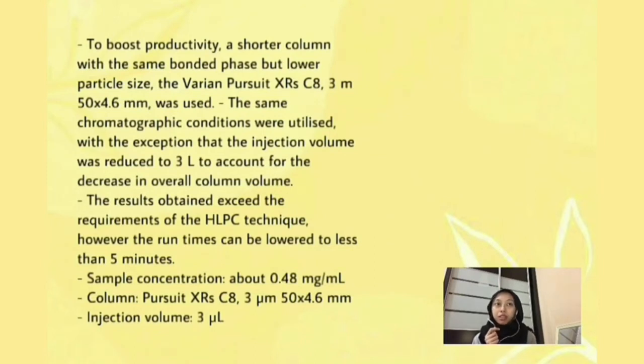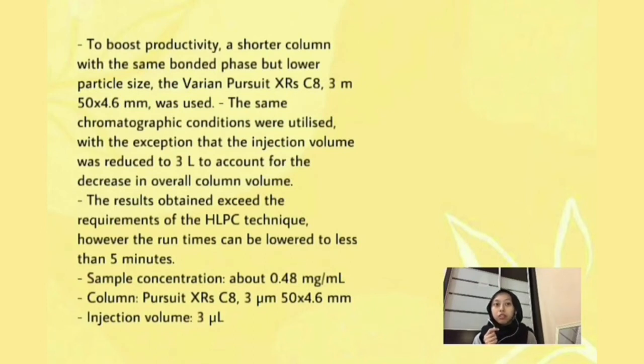The same chromatography conditions were utilized, with the exception that the injection volume was reduced to 3 microliter to account for the decrease in overall column volume. The results obtained exceed the requirements of the HPLC technique. However, the run times can be lowered to less than 5 minutes.